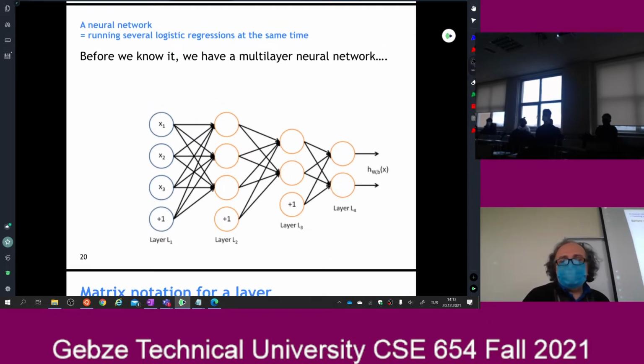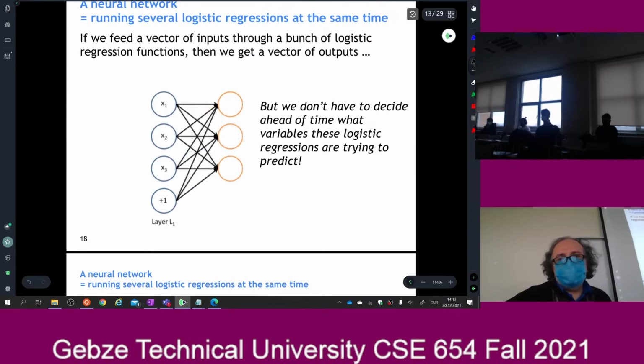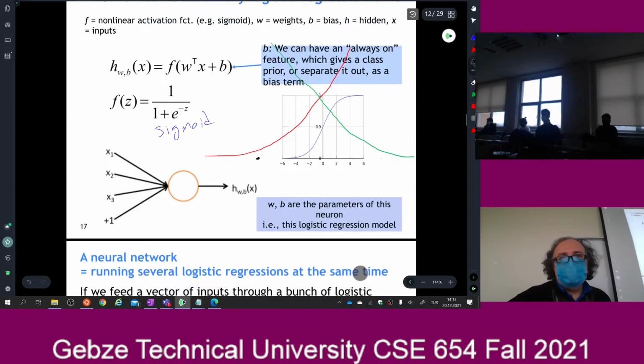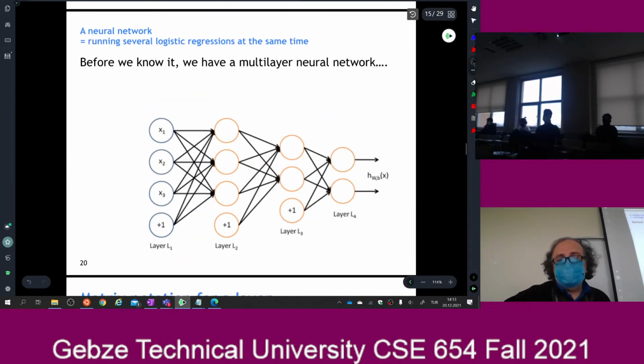Nowadays, they are doing more than 100 layers with deep learning networks. And if you can train it, if you can determine those numbers for each of the nodes, then we are going to be successful in learning this kind of stuff.